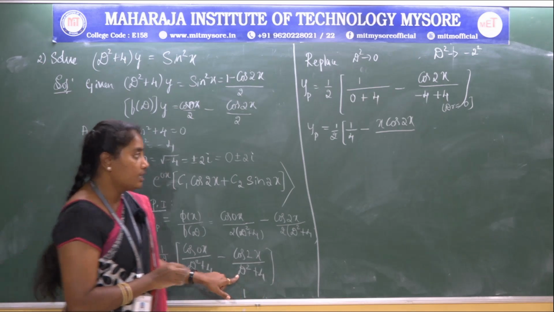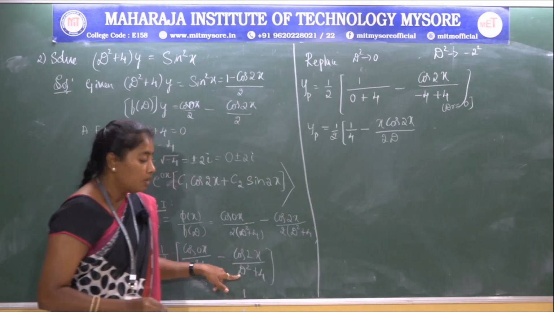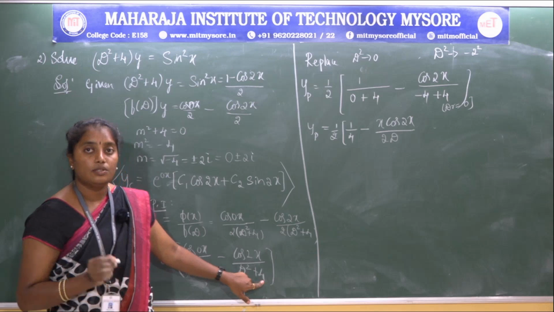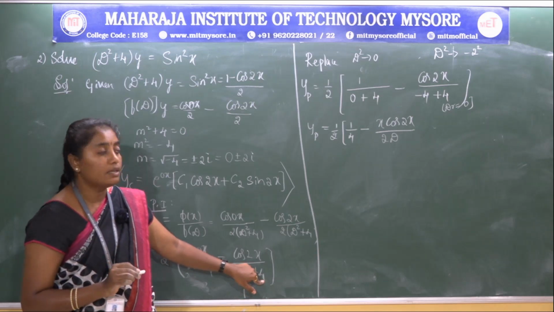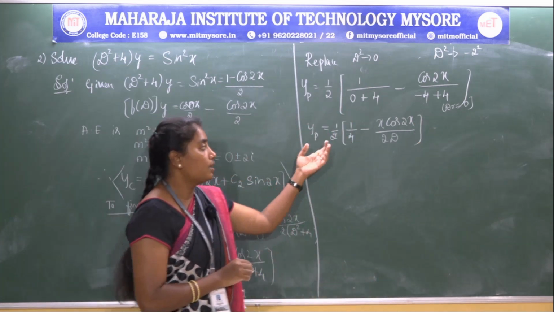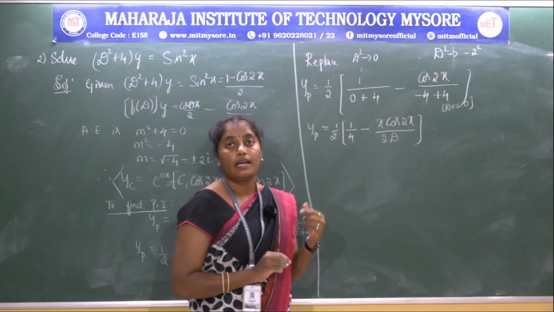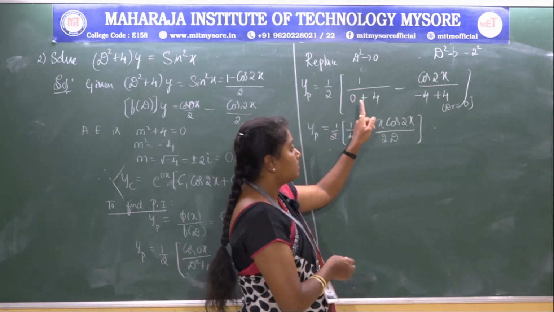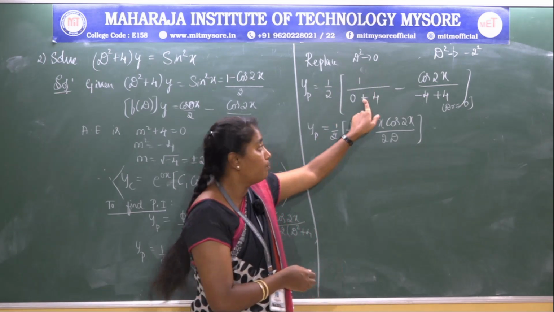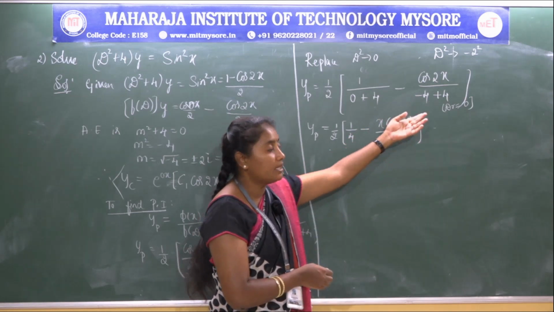On differentiating d square we get 2D, plus the differentiation of 4, which is a constant term, equal to 0. 2D plus 0, hence we get 1 by 2 into 1 by 4 minus x cos 2x divided by 2D. I am substituting D square equal to 0 in the first term, we have 0 plus 4. For the second term we get minus 4 plus 4 as the denominator, 0.